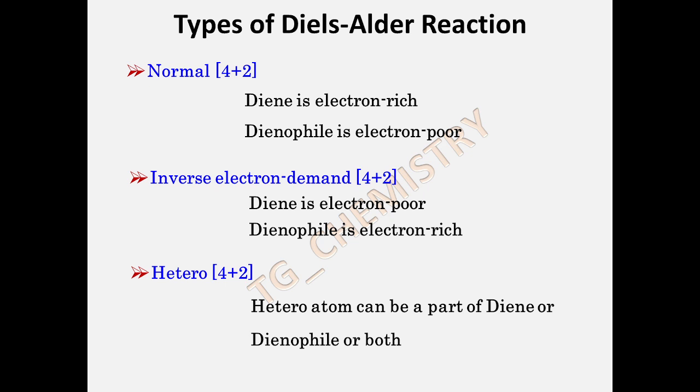In that case, as you can understand by the name, the diene should be the electron poor part and the dienophile will be the electron rich one. The hetero 4+2 Diels-Alder reaction involves a heteroatom as a part of the diene or dienophile, or in both, so this is termed the hetero Diels-Alder reaction.